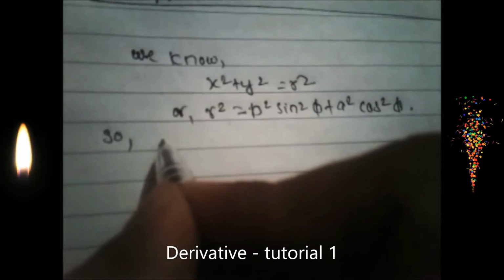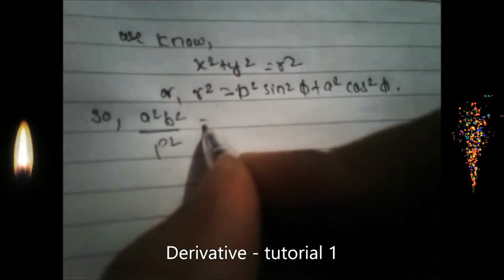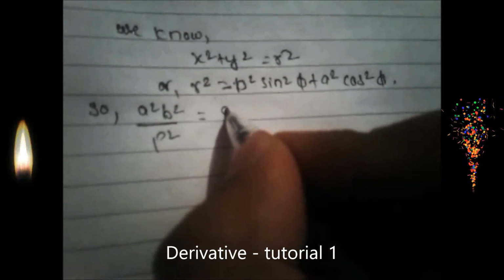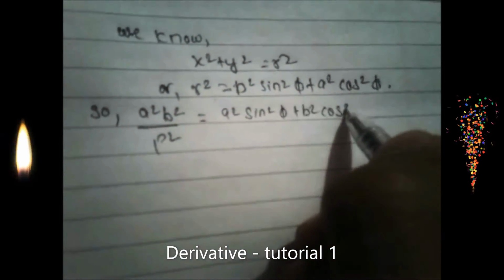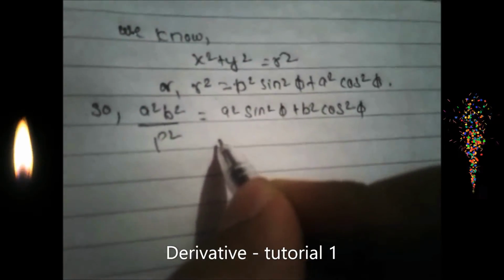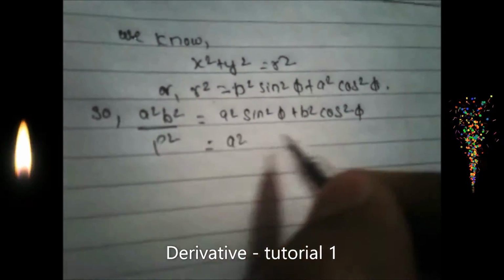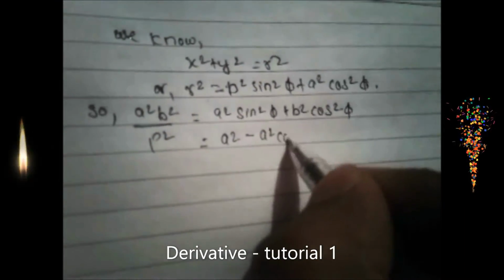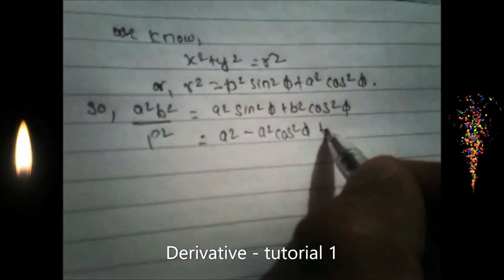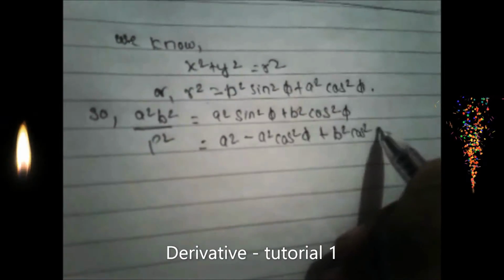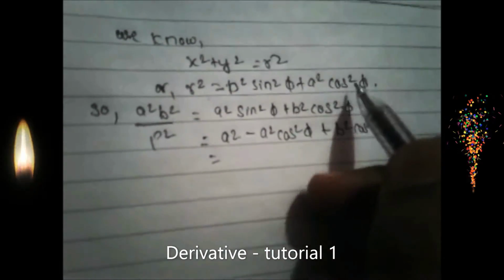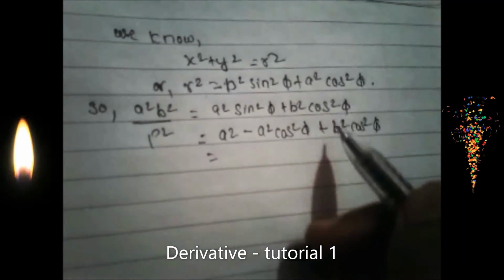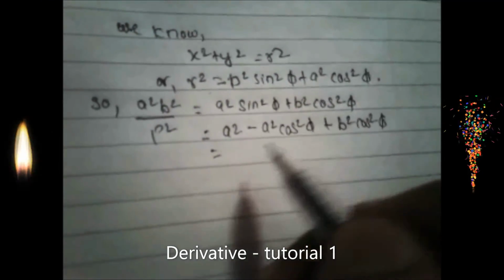So a square b square by p square, from above, is a square sin square phi plus b square cos square phi, which is a square minus a square cos square phi plus b square cos square phi.